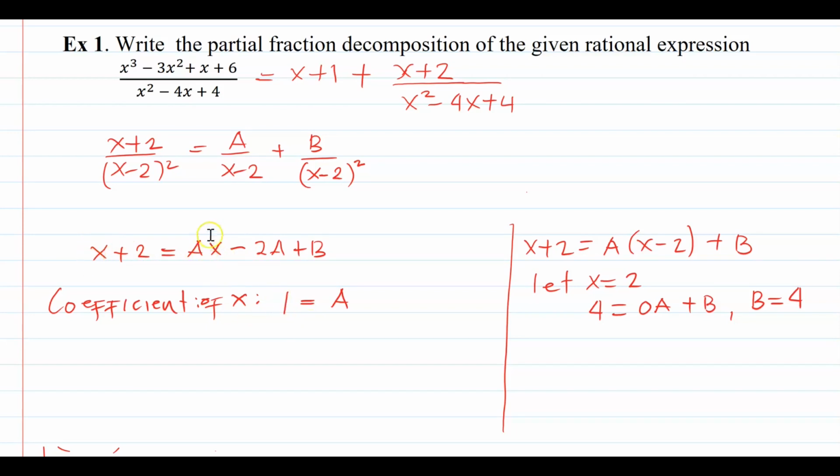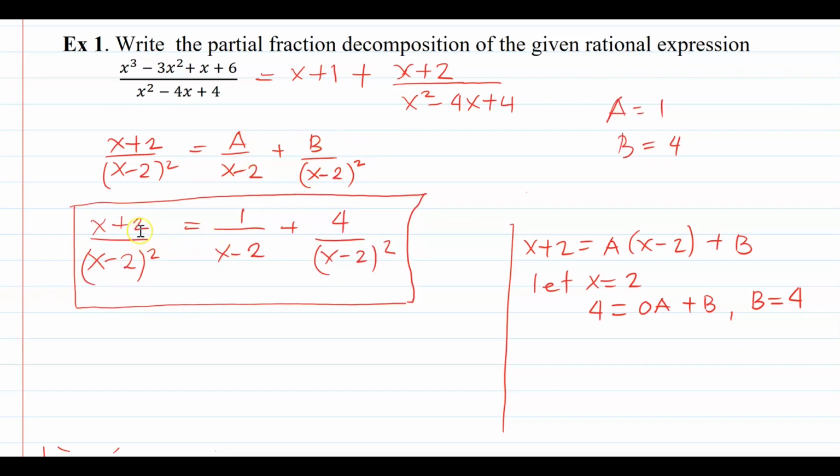On the right side, there's only one term with x, which is A. So A is equal to 1. Replacing A with 1 and B with 4, our final answer is that x plus 2 over x minus 2 squared can be written as 1 over x minus 2 plus 4 over x minus 2 squared.